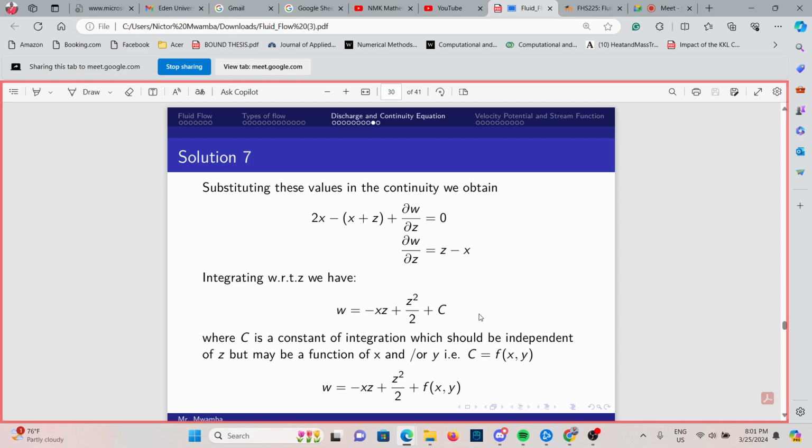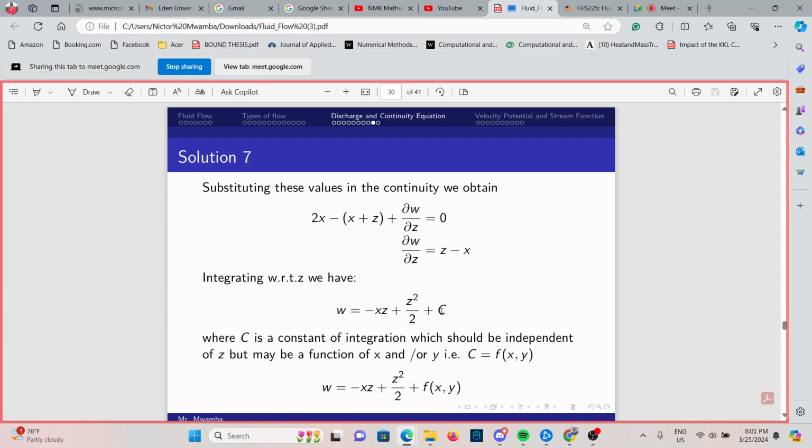A constant can be arbitrary, can be a function of x and y, can be a number, or it can really be a 0. So this is your velocity component w along the z direction.